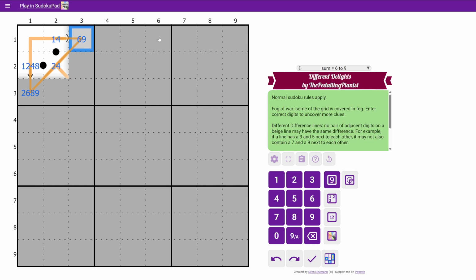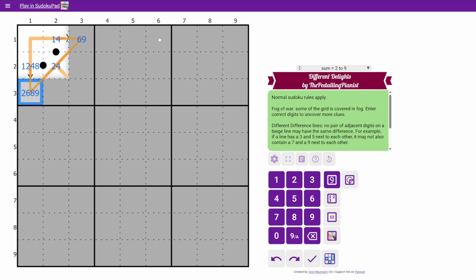So if it was 6, 4, 2, 1, 9. I guess this is going to be the same this way, as in 8, 2, 4.